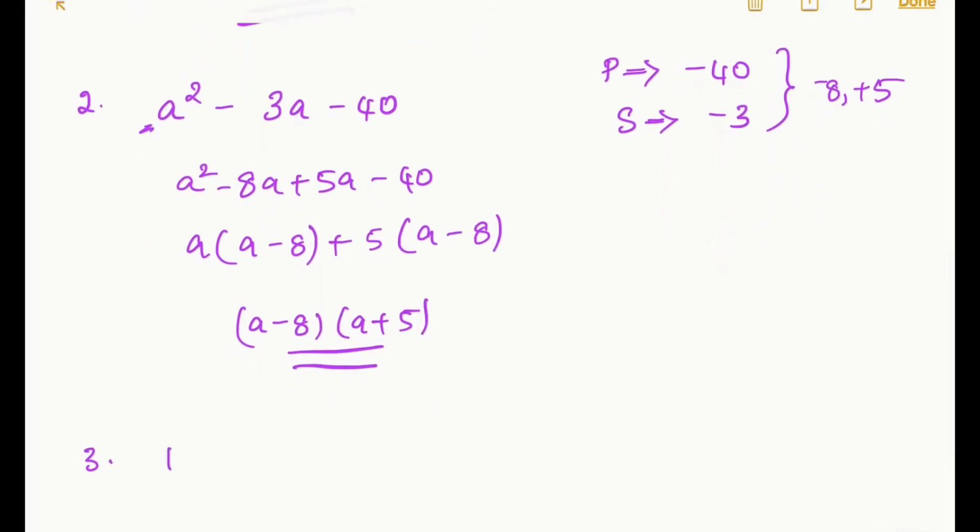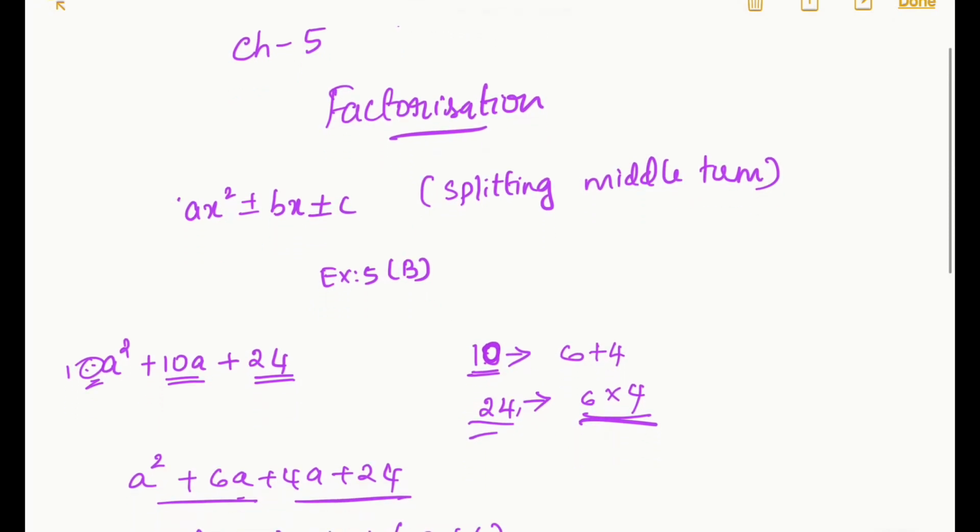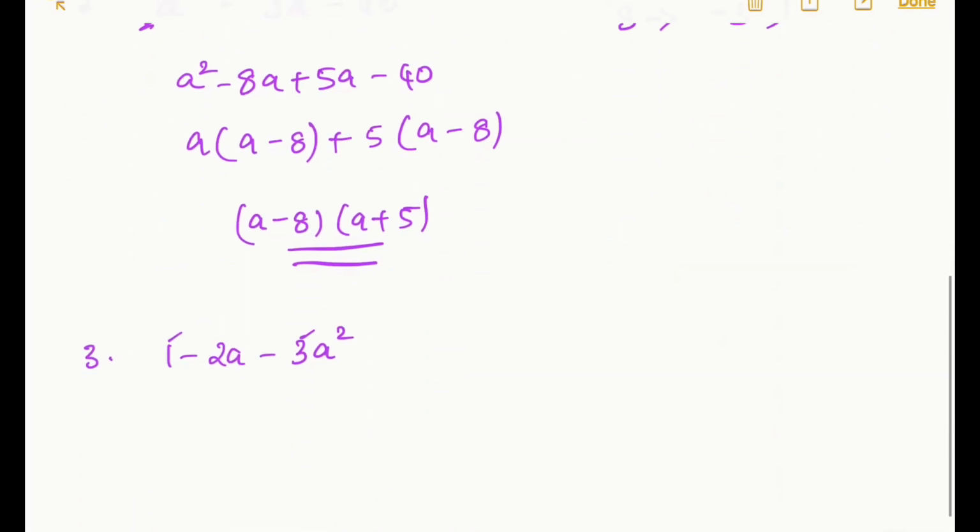Now coming to the third question: 1 minus 2a minus 3a square. So how do I do it again? I told you the product will be taken for a and c. This a and this c will be taken. So the product should be equal to 1 into minus 3, that is minus 3, and the sum should be minus 2.